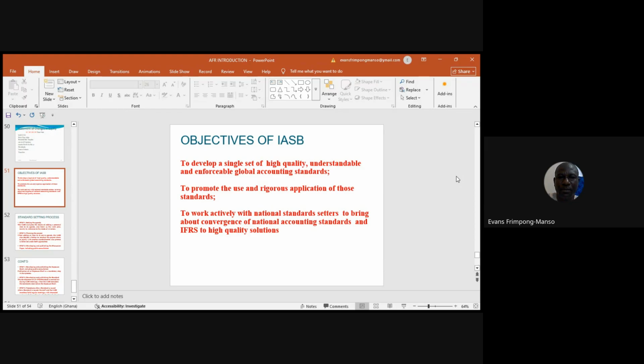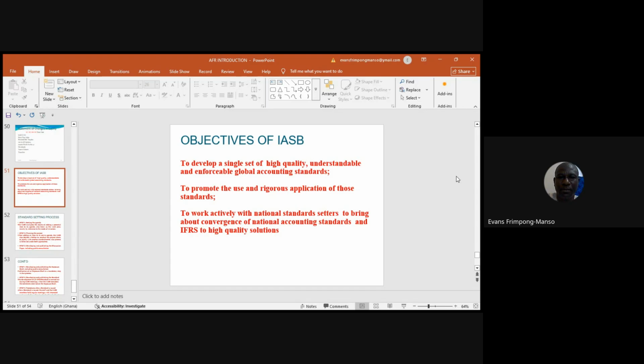So for instance, if Ghana has its own standards, like the GAP, and we also have the International Accounting Standards, this International Accounting Standards Board will work hand in hand with our local standard setters to bring about what we call convergence. Convergence means that where they have differences in the treatment of like items, they look at what this standard says and what that standard says.